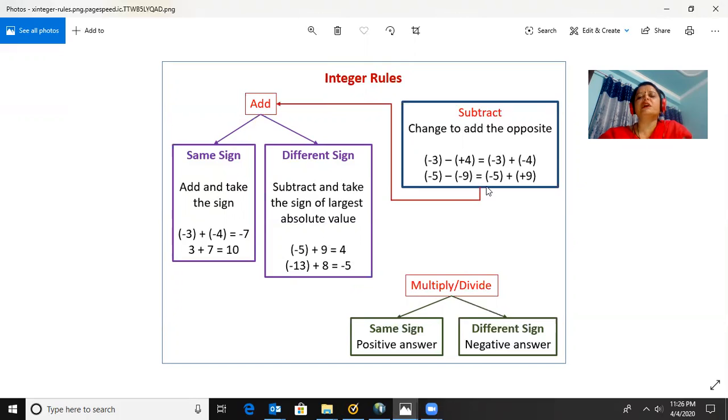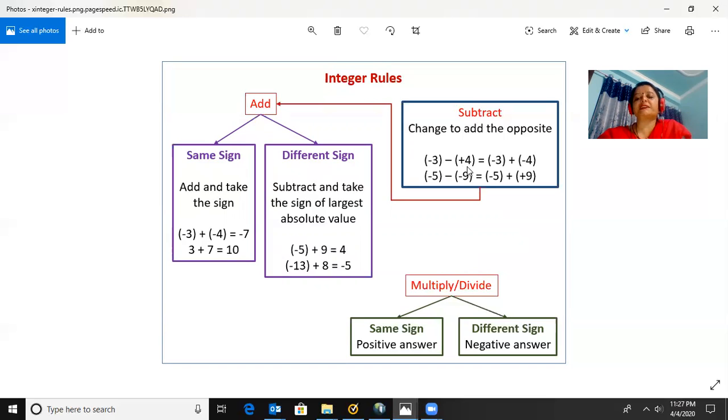Now when we have to subtract, we change the sign of the second number. Like if it is given -3 minus (+4), what we do is plus 4 becomes -4. If it is minus outside the bracket, the inside sign also changes. So it will give you -3 minus 4.